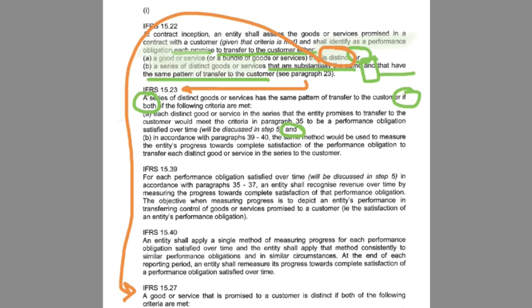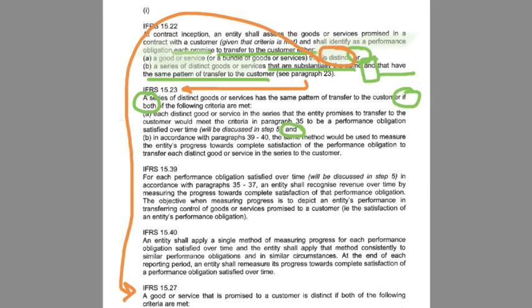Each distinct good or service in the series that the entity promises to transfer to the customer would meet the criteria in paragraph 35 to be a performance obligation satisfied over time. And in accordance with paragraph 39 to 40, the same method would be used to measure the entity's progress towards complete satisfaction of the performance obligation.